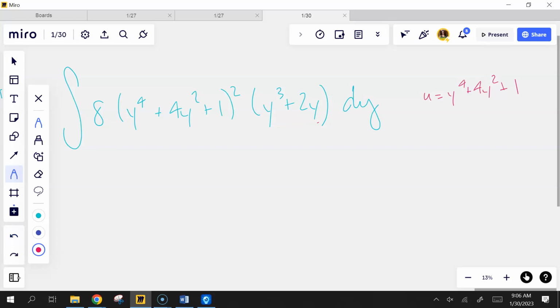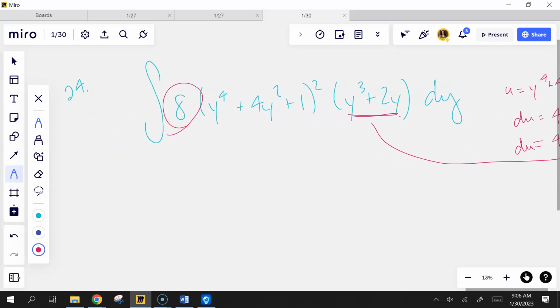But if I take a 4 out of here, I'd be left with 4y cubed plus 2y. And look at that, it needs only a 4. And this 8, yes, just divide.